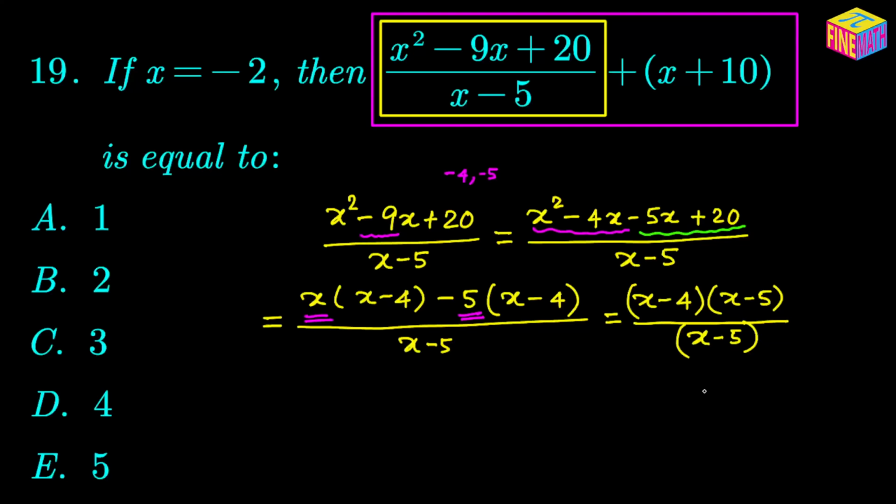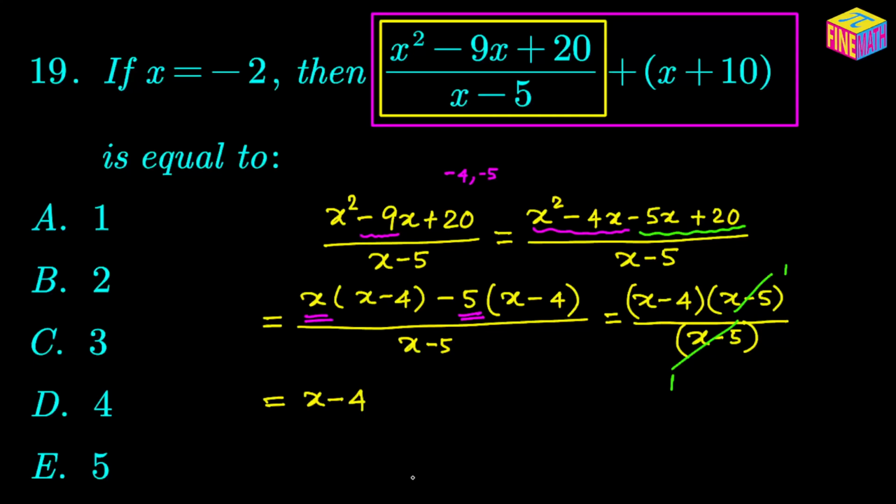And because x is -2, in this case, obviously the denominator would be -7, not 0. So now can we divide both the numerator and the denominator by x minus 5? If we do that, this will become 1, and there also it will become 1. So what are we going to be left with? Well, x minus 4 times 1 divided by 1, that is essentially x minus 4.